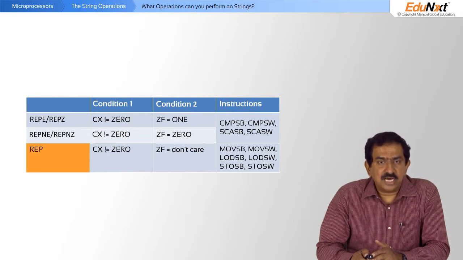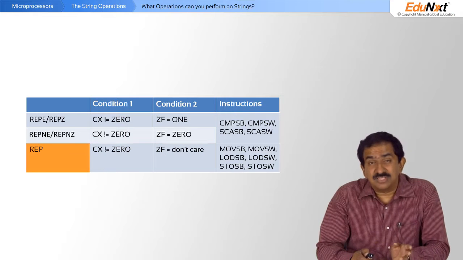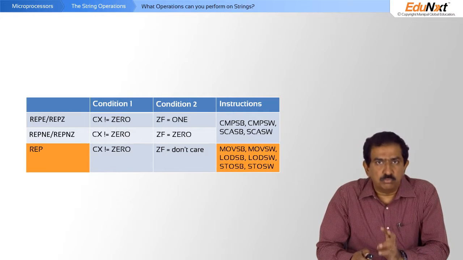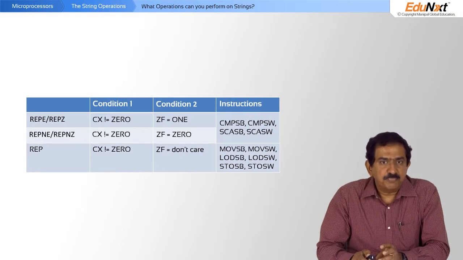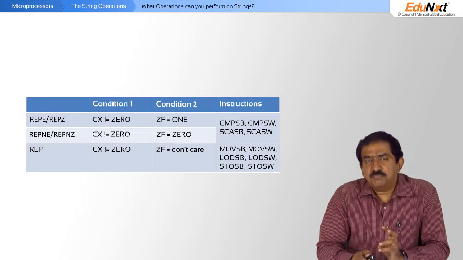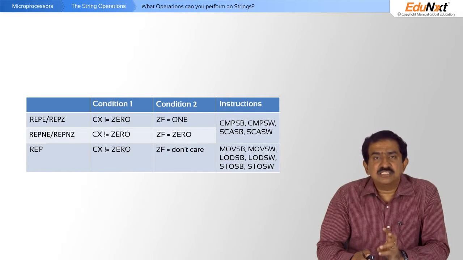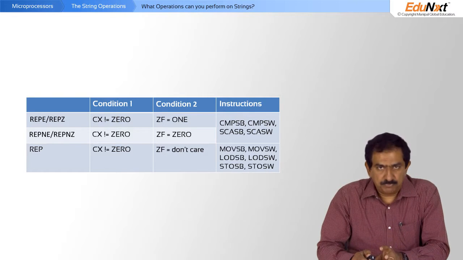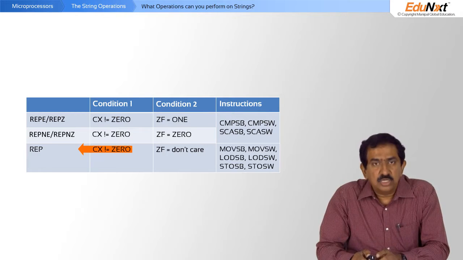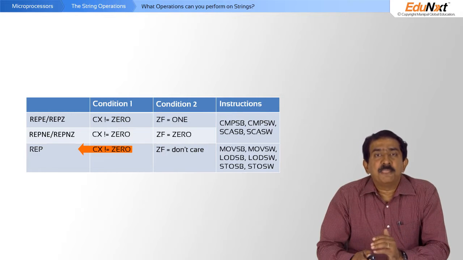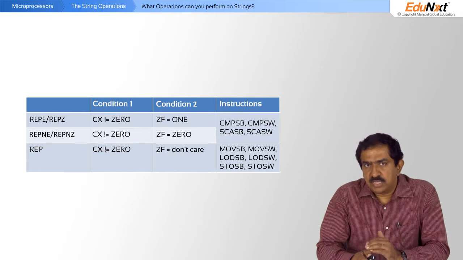The other one is REP, in which the REP instruction is used along with move, load or store instructions. And here what happens is the REP instruction repeats till CX is a positive number. The moment CX becomes 0, it stops executing the move, LODS or STOS instructions.